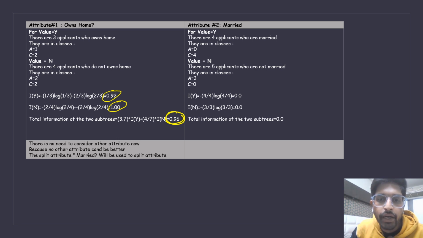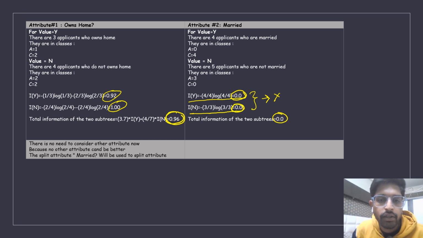Similarly for married, the information in Y comes out to be 0, and the information in N also comes out to be 0. So the total information for these two subtrees is 0. We don't need to consider any further attributes. So the next node is going to be the married column.